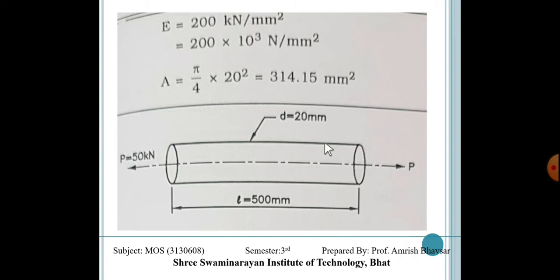Now the area of this circular bar is pi by 4 into 20 square, as the diameter of this rod is 20 mm. So 314.15 mm square. Now we apply the tensile force on the bar, that is 50 kilonewton.